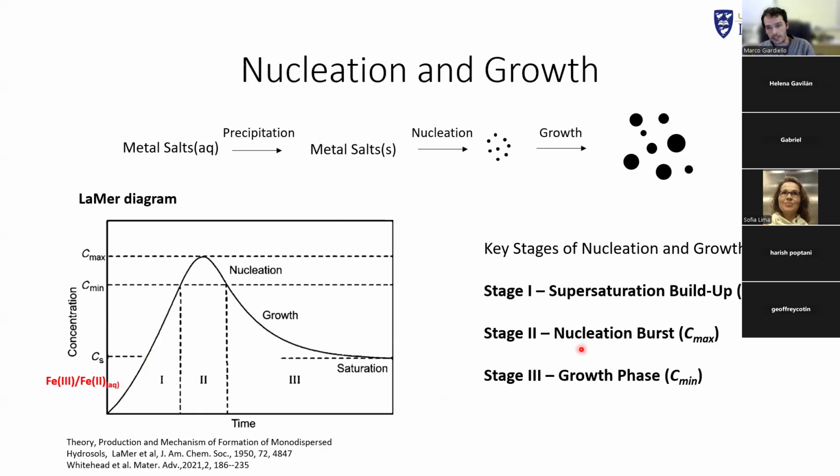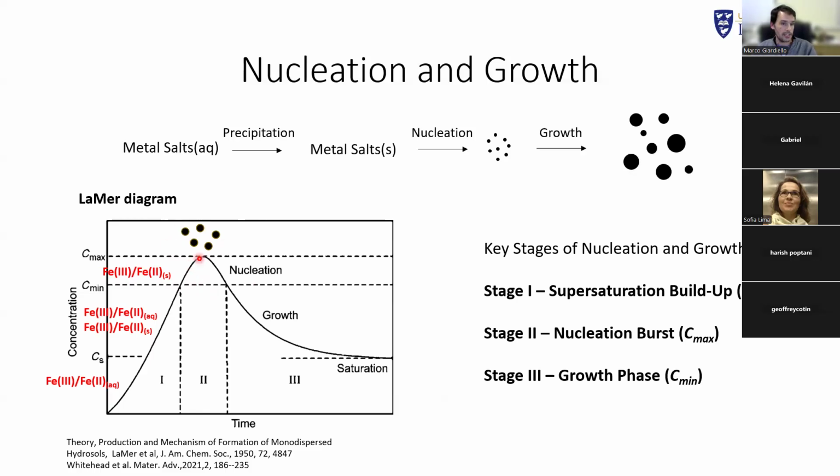As your precipitation, or if it's thermal decomposition, your degradation of your precursors, progresses, the concentration of your solid starts to build up, and it grows and grows until it reaches a point where the concentration gets so high that there is a spontaneous nucleation, and all of that solid comes together, and you get a burst of nucleation as particles begin to form. As that forms, the concentration of your free ions, your iron atoms, goes back down. So you go below the maximum concentration again.